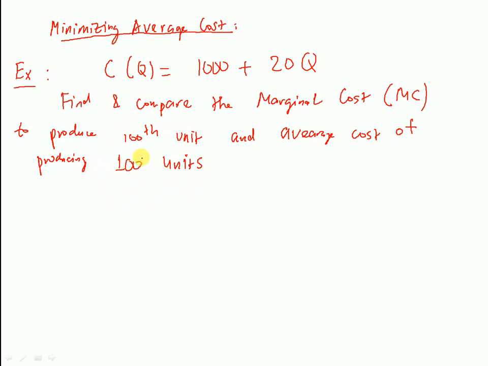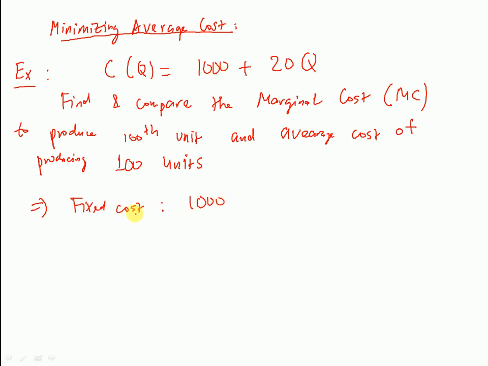Okay, so if you take a look at this cost function, we have a constant plus some variable multiplied by 20. So this indicates that we have the fixed cost of 1000. So even if you don't produce any item, so Q is 0, we still have to pay 1000.